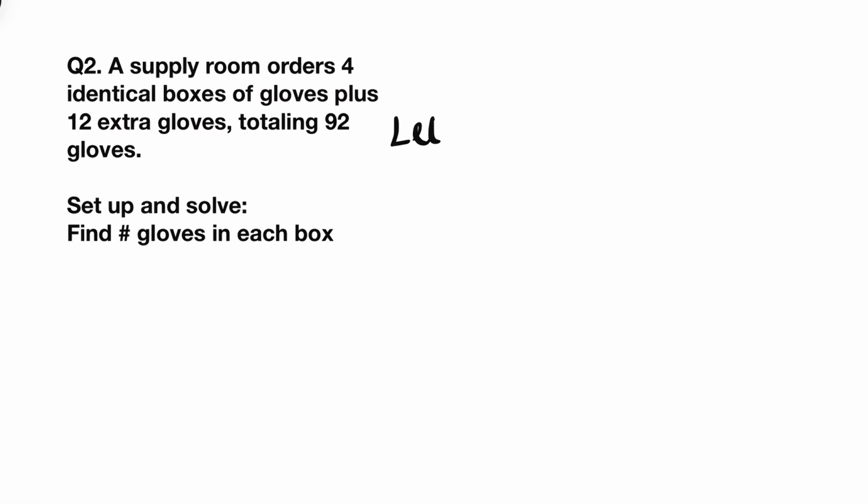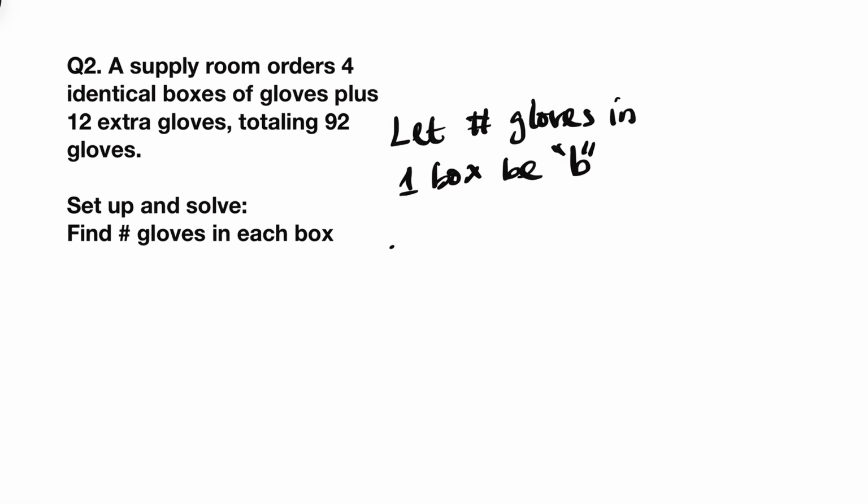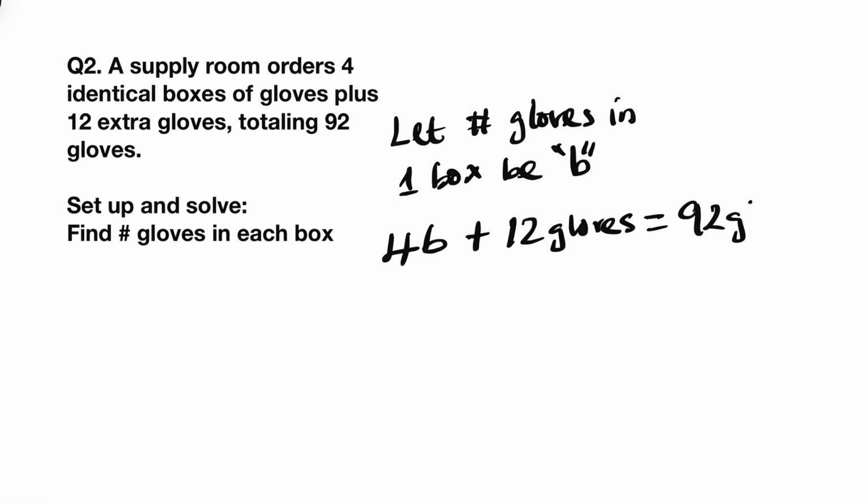Let the number of gloves in one box be B. So we will set up the equation. So we have 4 identical boxes. So 4B plus 12 extra gloves gives us 92 gloves.